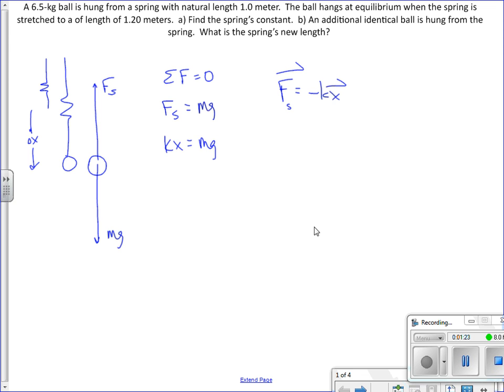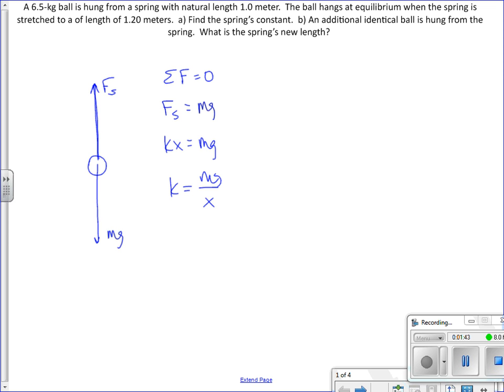Notice, displaced this way, but the spring force is upward. So that tells us about the direction of those two quantities, but don't worry about the negative mathematically. You won't use it. It refers to direction. So k is mg over x.